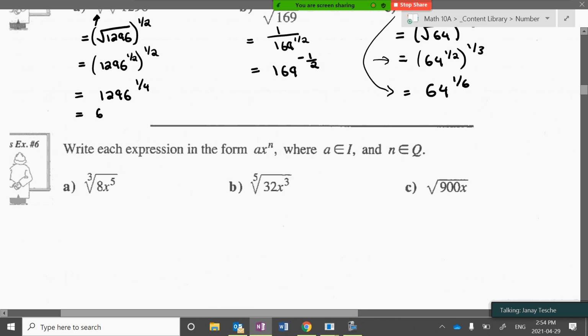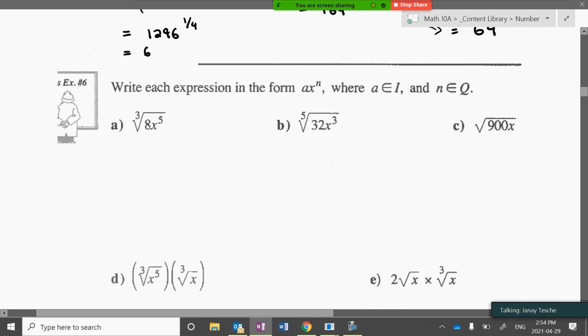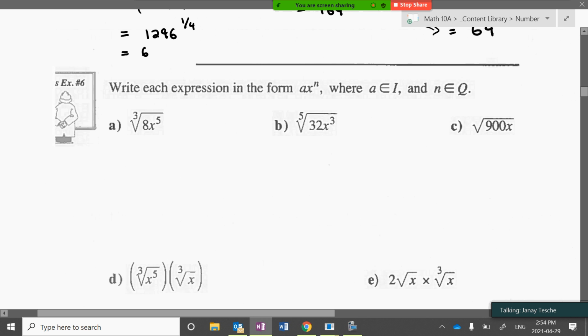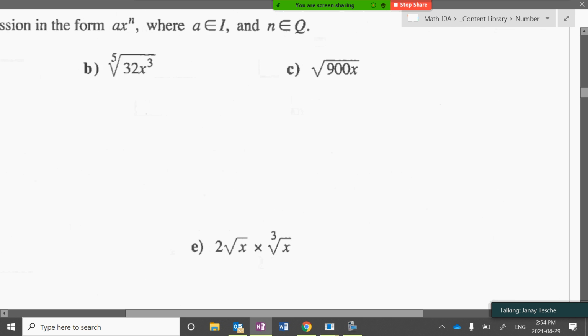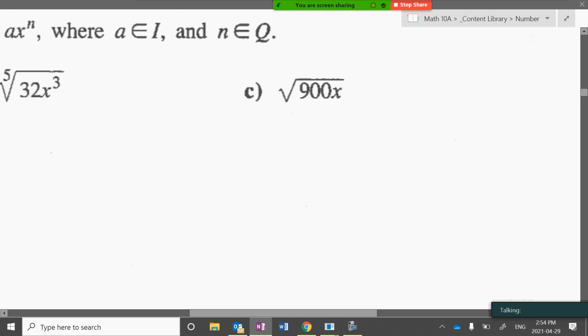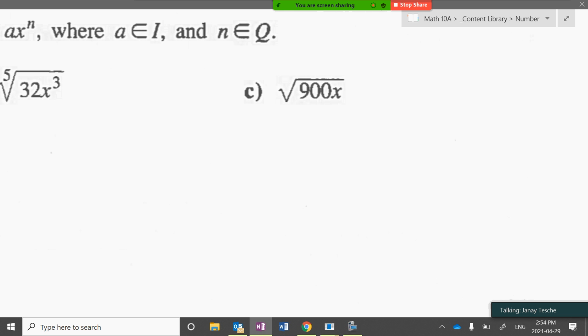Okay, I want you to try. Do I want you to do these ones? No, let's do these together. Let's look at C. When you have two numbers, like a coefficient and a variable under the same radical, you can actually split them up as well.